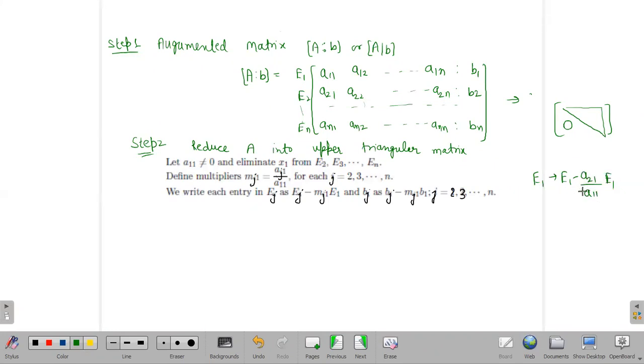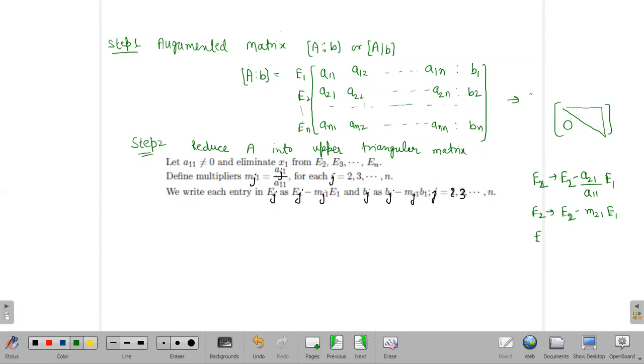This I can write as m21, I can write it as a notation also. We are applying the operation on the E2 row. So E2 minus m21 into E1, where m21 is nothing but a21 by a11.